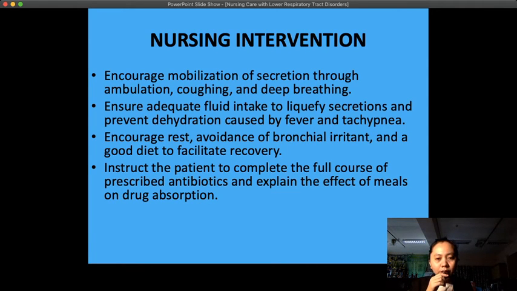And instruct the patient to complete the full course of prescribed antibiotics and explain the effect of meals on drug absorption. Kasi minsan tayo, 3 days lang, di tinatapos ang 7 days. Now, the bacteria or the viruses inside the body will become antibiotic resistant. So, mas malaking problema. When it says 7 days, finish the 7 days.